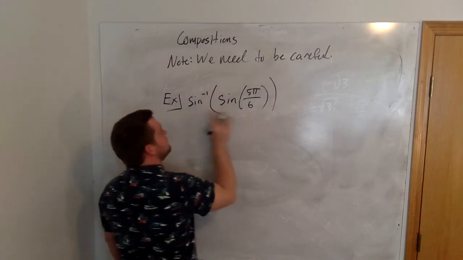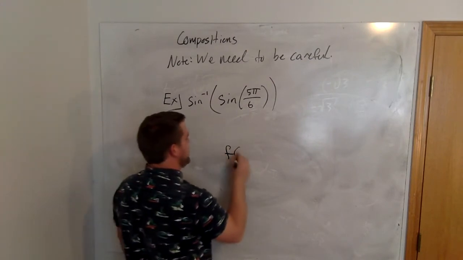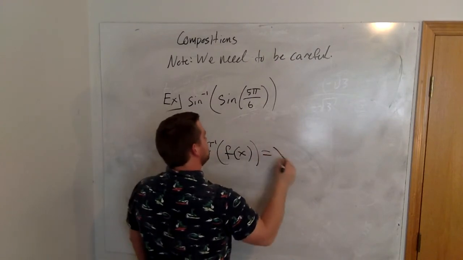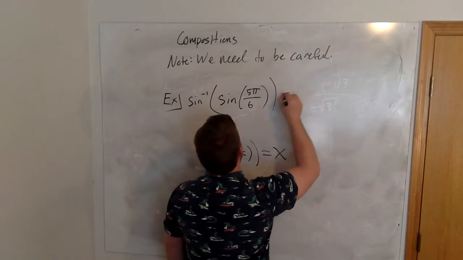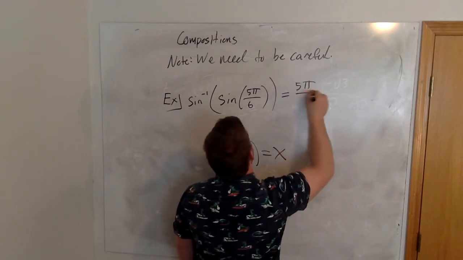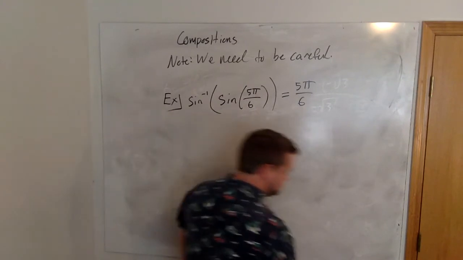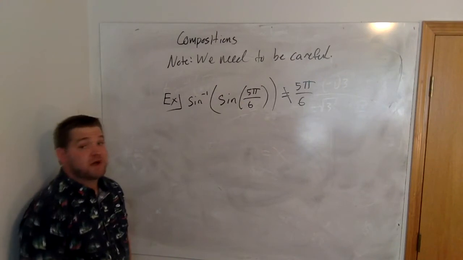So I'm composing a function with its inverse. Recall, if you normally take a function f of x and compose it with its inverse, it usually just spits out x. So you may be tempted to say that this should be 5 pi over 6. Unfortunately, you would be incorrect. It's not going to spit out 5 pi over 6.